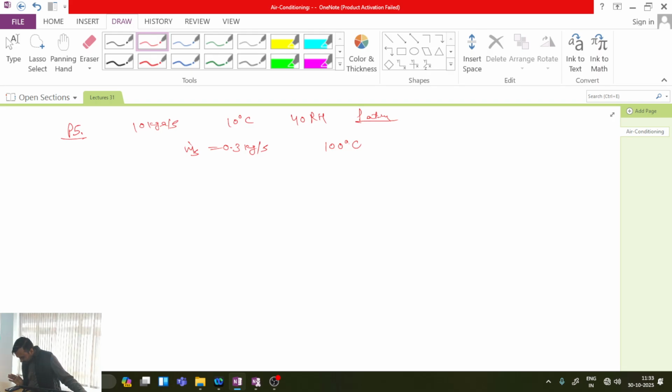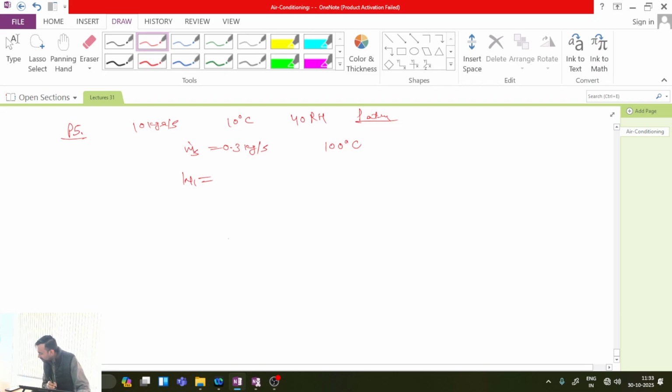What value you want? You need not even calculate the humidity, because the initial state is the same as that of the second problem I discussed yesterday. So tell me W1. In the second problem I discussed yesterday, what was the W1?